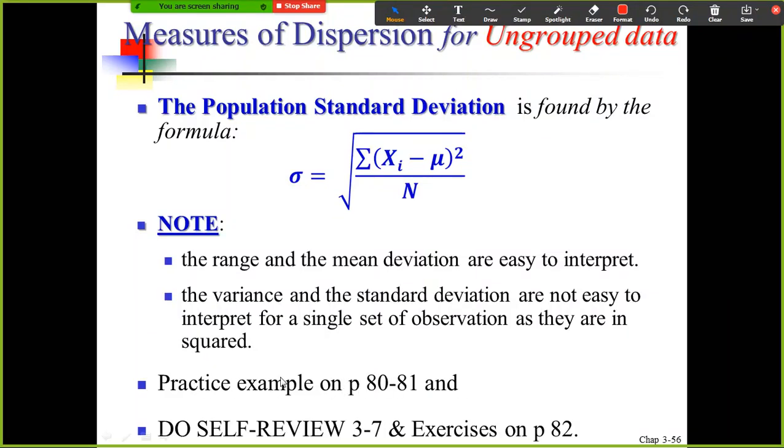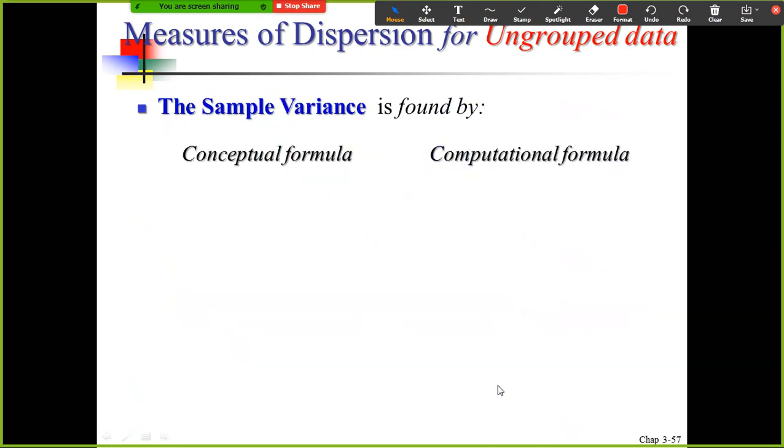So you need to study the example problems, and you need to practice, and then you can do the exercises as homework.